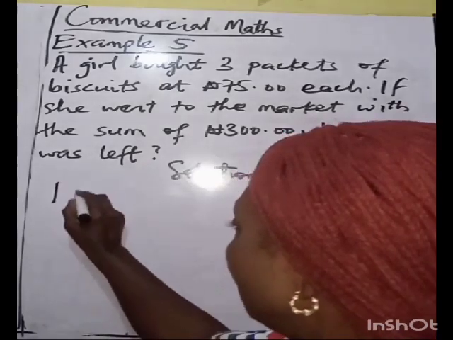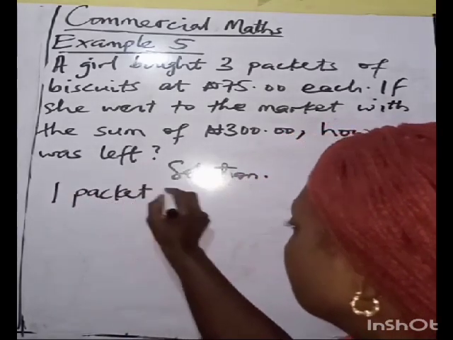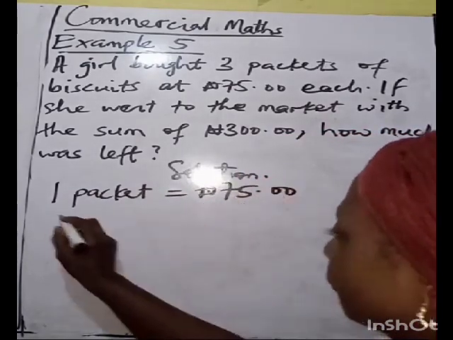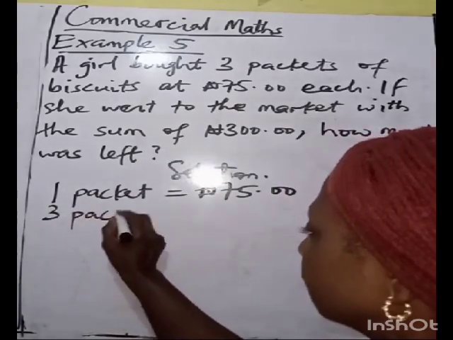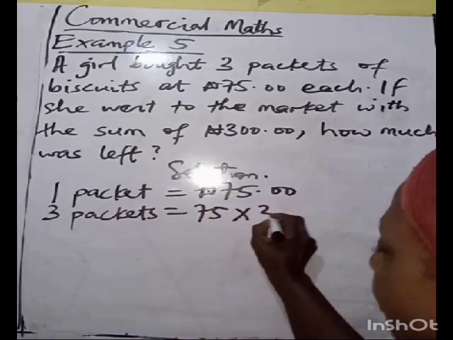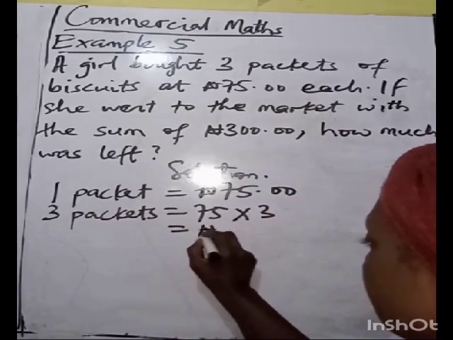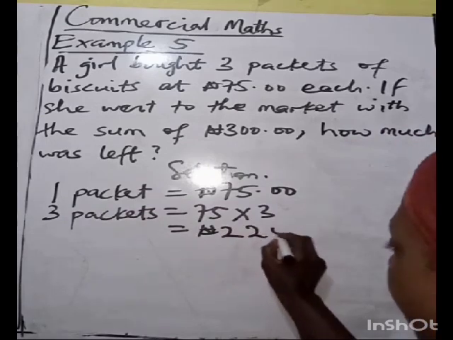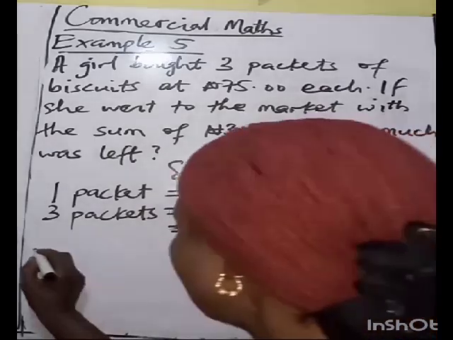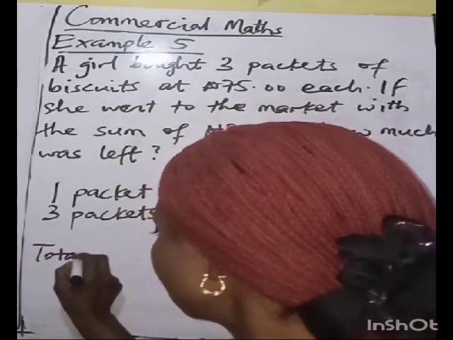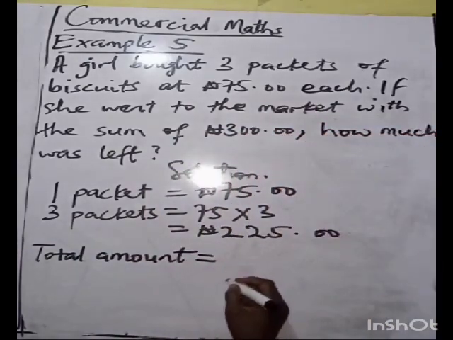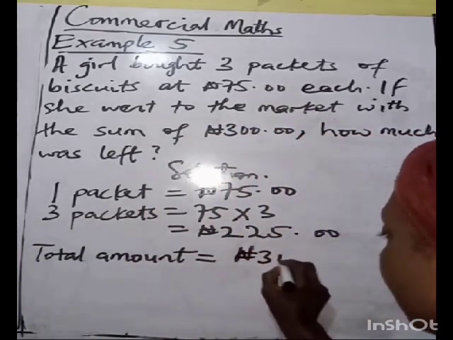So, 1 packet is 75 naira. 3 packets should now give us 75 naira times 3, and that will give us 225 naira. Now the total amount that she went to the market with, total amount is 300 naira.